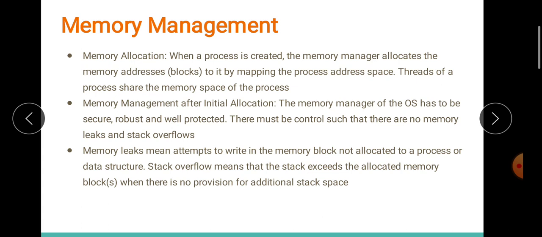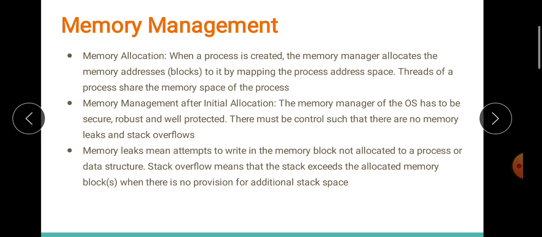Now, after initial allocation, how do you further manage the memory? Basically the memory manager in your operating system has to be very secure, robust and well protected. So there must be some control such that there is no memory leak or stack overflow.